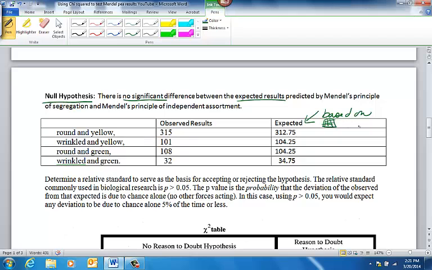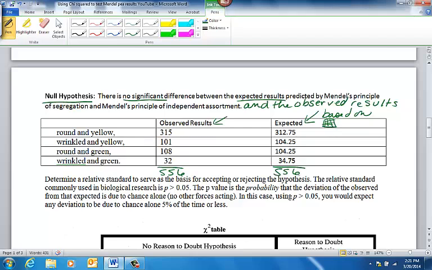That was testing independent assortment, predicted by Mendel's principle of segregation and Mendel's principle of independent assortment. So there's no difference between the expected results predicted and the observed results. Here we have his observed results, how many he actually grew. And we know this totals up to 556. We know this totals up to 556.